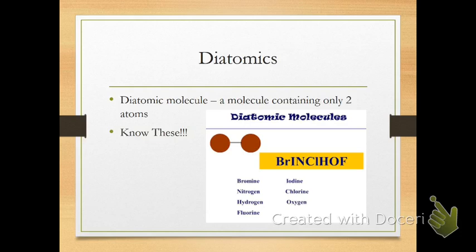So if I tell you I have oxygen gas, you would write O2 because that's its natural state. If I said hydrogen gas, you would write H2. Here's where most kids make their mistake. They think they're always Brinkelhoff all the time, whether they're in a compound or not. But they are only diatomic when they're by themselves, all alone in the world. They join up two by two. Okay?